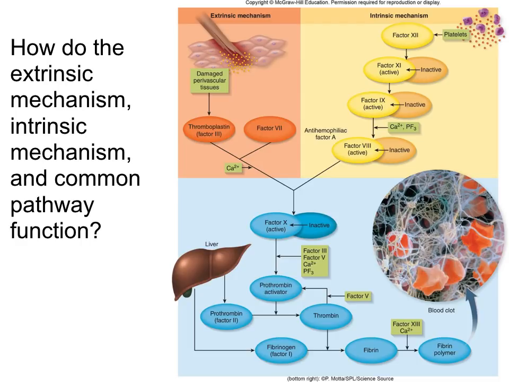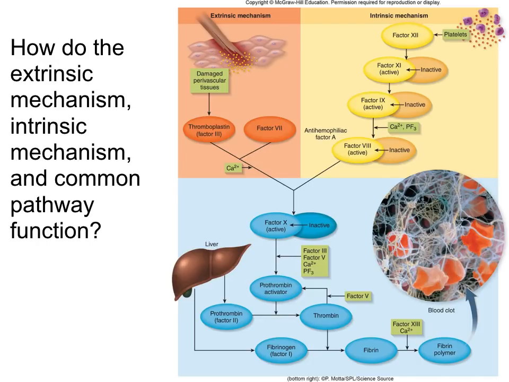And those little collagen fibers can cause platelets that are passing by to release their contents. It can cause platelet degranulation. Now, during this degranulation, we release a clotting factor called factor 12.